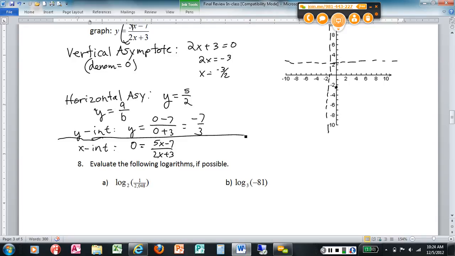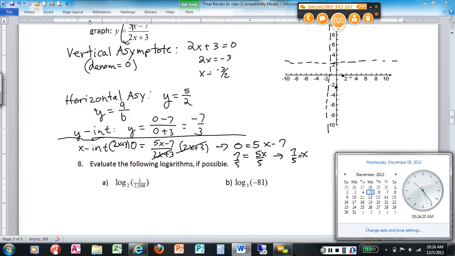We multiply both sides by 2x plus 3 to clear out the 2x plus 3. Well, 0 times 2x plus 3 is 0. 2x plus 3 cancels, so you just wind up with 0 equals 5x minus 7. And if you solve that, add 7 and divide by 5, you got 7/5 is the x-intercept, or 1 2/5. So it's going to cross the axis at 1 2/5.